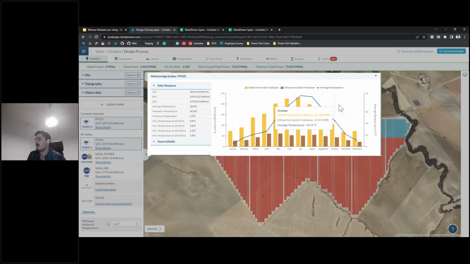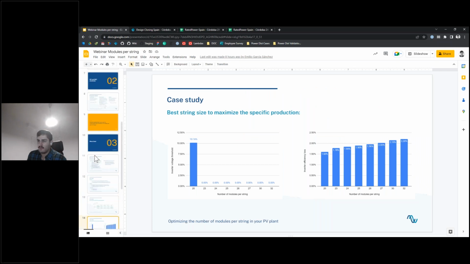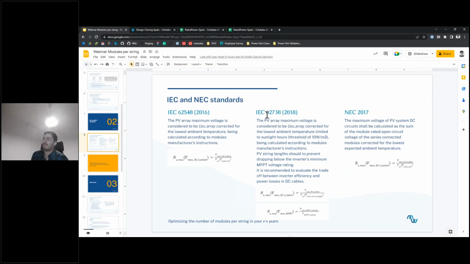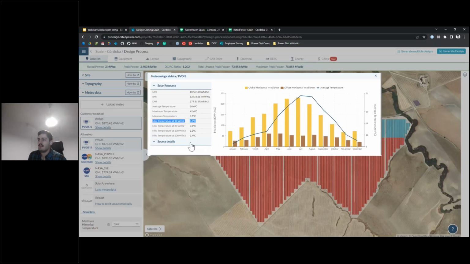And also here, I would like to comment that apart from that minimum temperature that is taken from all the days of a typical meteorological year from this specific meteo data, we also provide different values for different irradiances, so that if somebody, for example, wants to consider the case of the IEC 62738, which says that they will take the temperature but considering only sunlight hours, we can come here and see that this is 0.8 degrees.